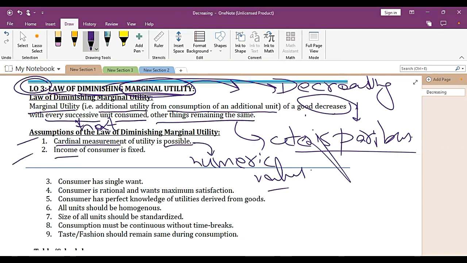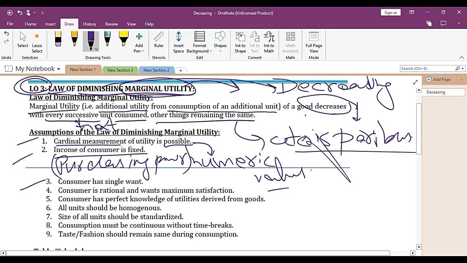Second assumption is that the income of the consumer is fixed, means there will be no change in the income of the consumer. It means that there will be no change in the purchasing power of the consumer. He will continue to consume more and more units of the same good.